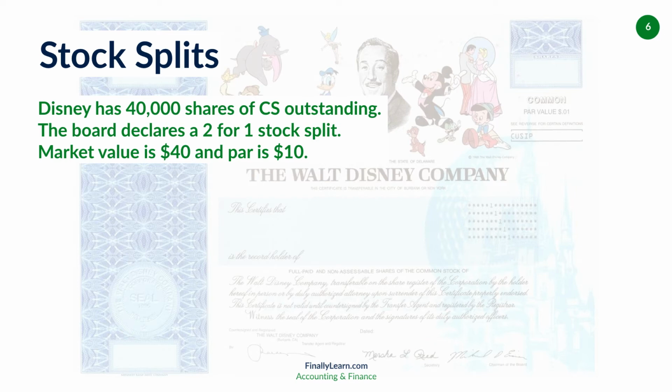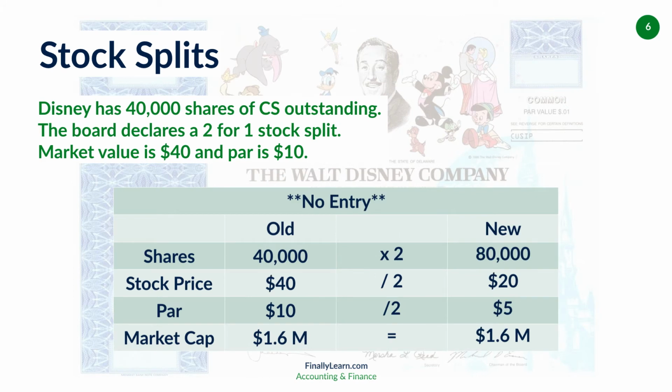Now, this is an easy entry to make because there is no entry. So no entry because nothing really happened. It just took the existing shares and doubled. So here is the things that you need to know how it works for a stock split. There's no required entry. No entry is the answer.